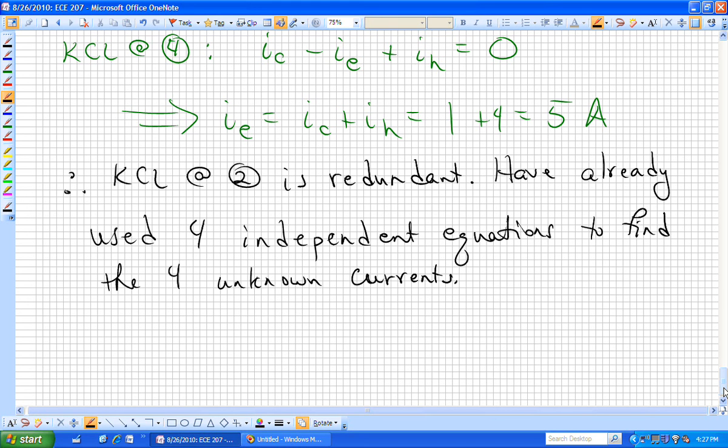But then for node 3, I changed and said out is positive. So all the currents going out of node 3 are positive: I sub A is positive, I sub C is positive, but I sub B is negative.